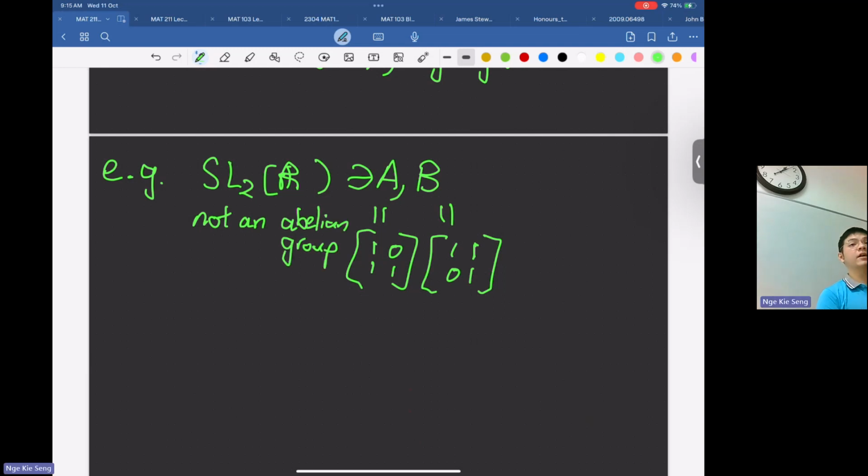Okay. But okay, we can find the center. So meaning we can find someone that commutes with every other element. Okay. So what's your guess inside the center? Who is the one that can commute with everyone else? First, identity must be in there, okay, because identity commutes with everyone else.